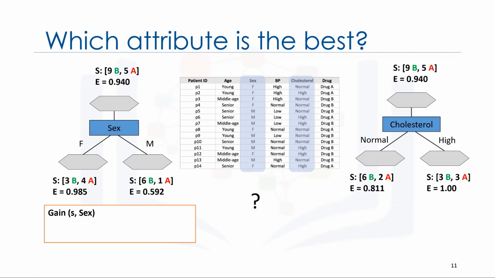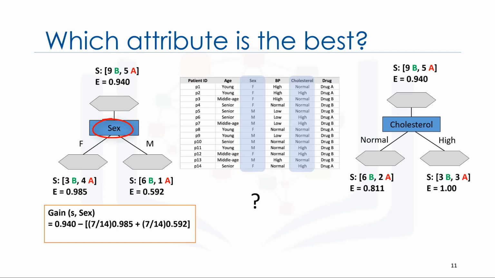Let's see how information gain is calculated for the sex attribute. As mentioned, the information gain is the entropy of the tree before the split minus the weighted entropy after the split. The entropy of the tree before the split is 0.94. The portion of female patients is 7 out of 14, and its entropy is 0.985.